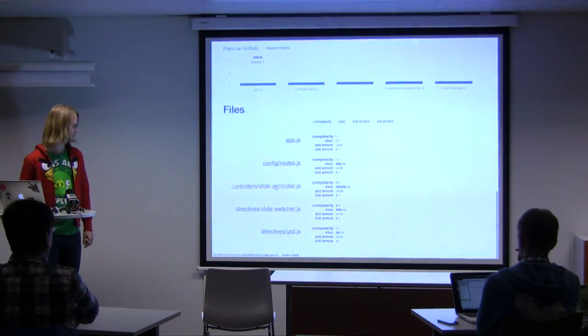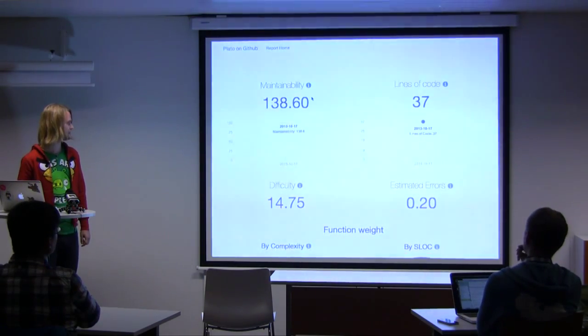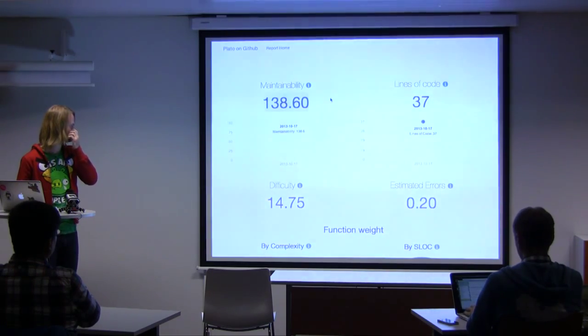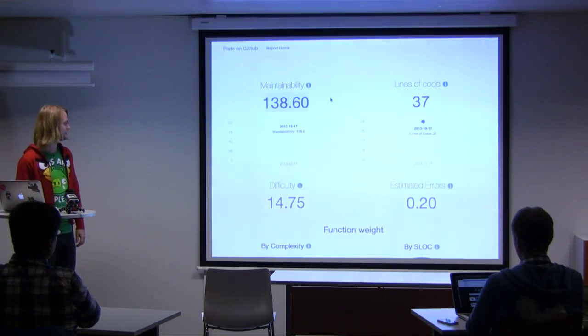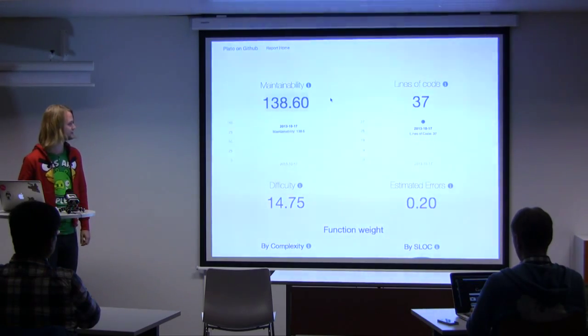It's one of those things that would be good to have on a screen somewhere to remind you when you open a file. Oh yeah, so let's, for example, open our slide controller. So the maintainability index is broken at the moment in Plato, or maybe I'm just a really good coder.